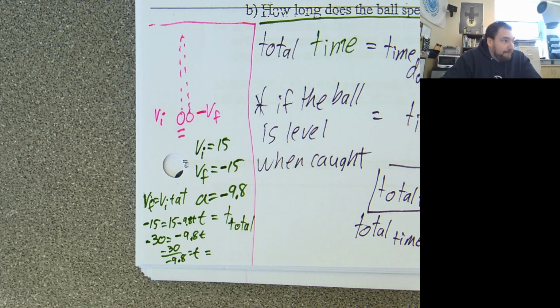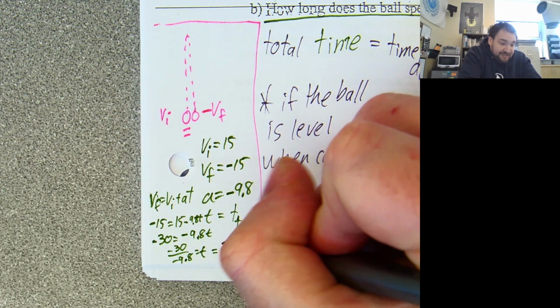What do we get? What'd you get? Oh, you didn't do it. Okay. Someone punch it in. What do we get? We get 3.06. The value is the same.